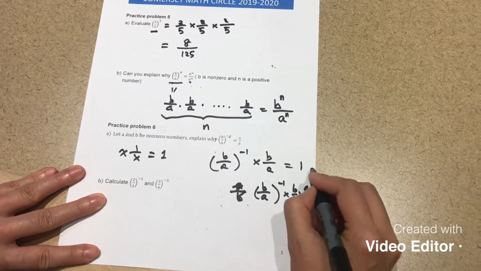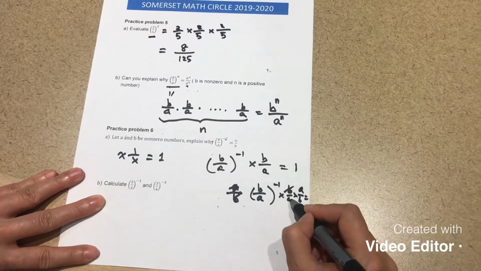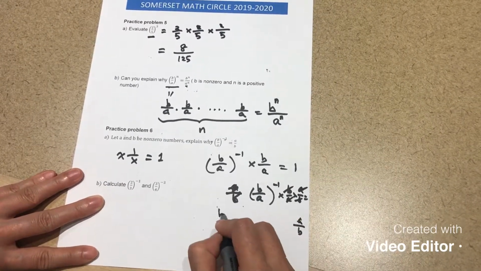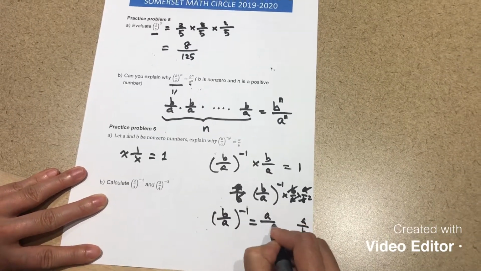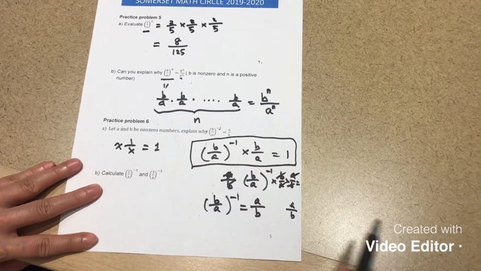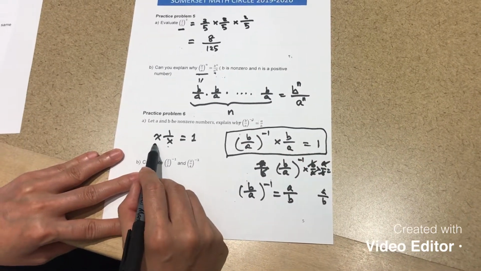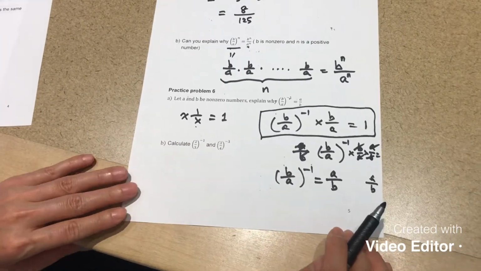And on the right-hand side, we multiply by that a over b as well. So on the left-hand side, these cancel. What you have is b over a to the minus 1 equals a over b. This is by following the definition that this number is the reverse of the original number. Multiplication of the two gives you 1.